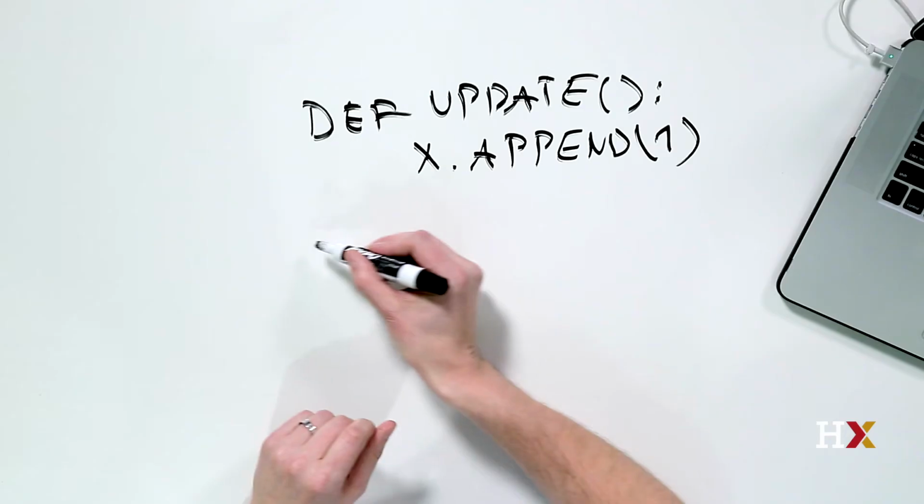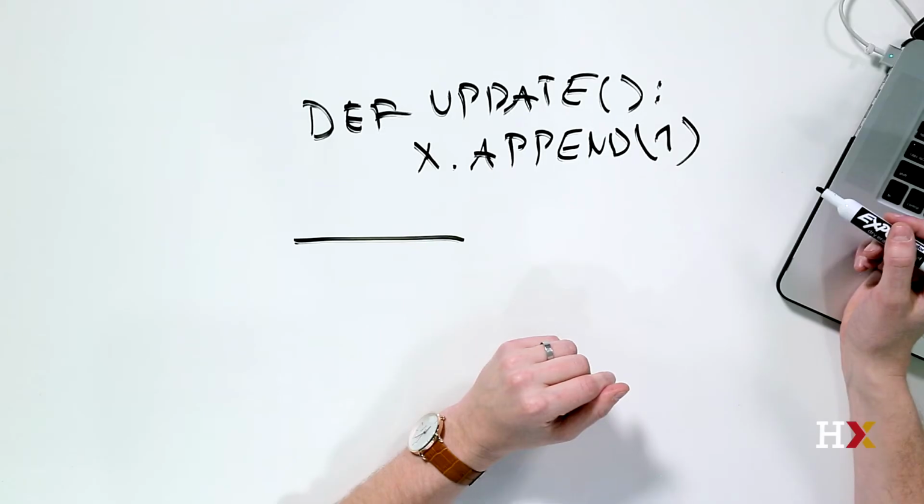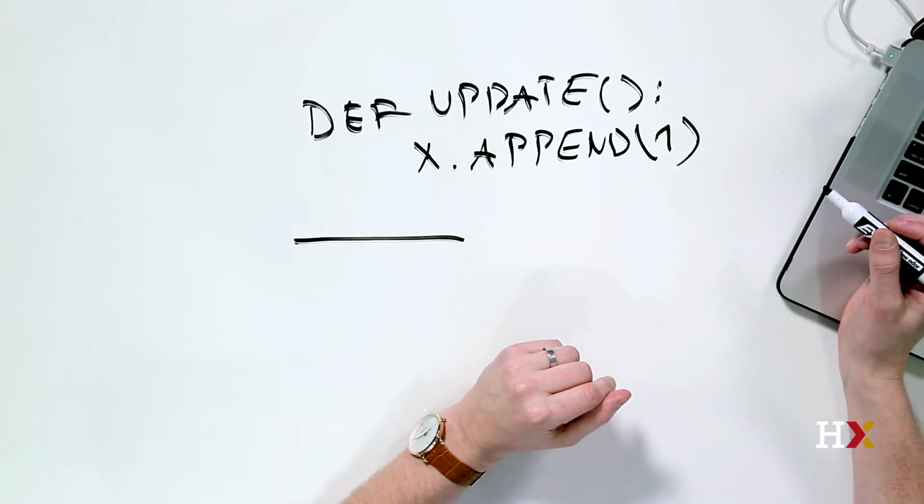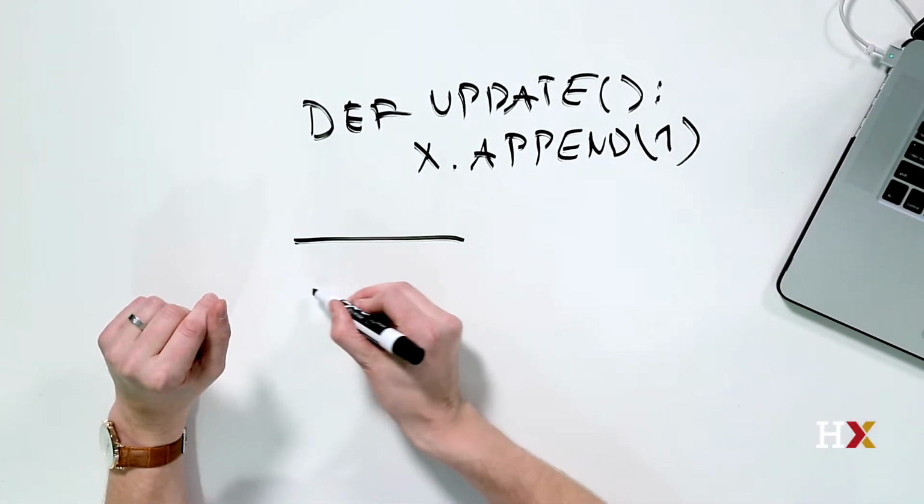All this function does is that it appends, or at least tries to append, the number 1 to an object called x. When we run this function update, Python gives us a name error and tells us that a name x is not defined.